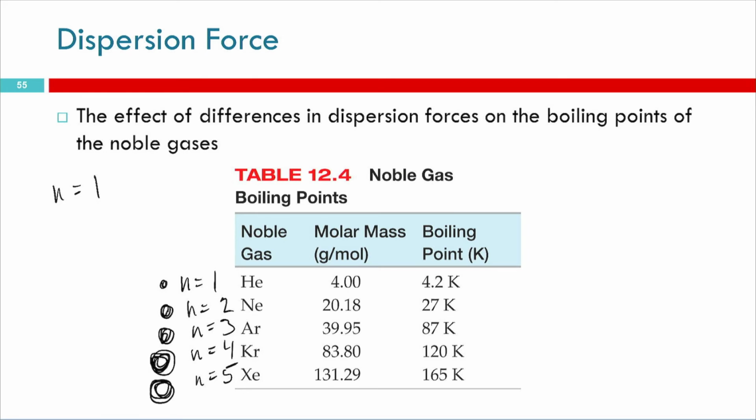And so as we get bigger and bigger, it's easier to polarize those electron clouds, which gives us higher boiling points. Now, albeit these are still very low, that's 165 Kelvin, that's incredibly cold, but still much higher than the 4.2 Kelvin of helium.